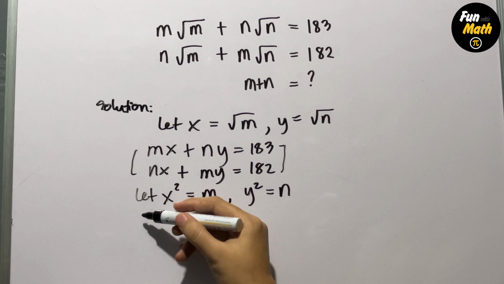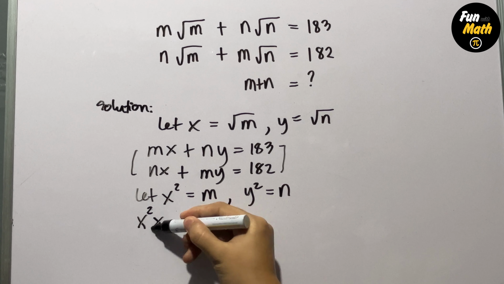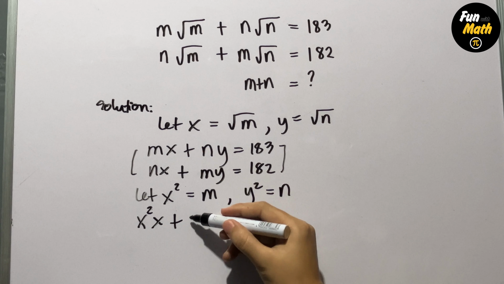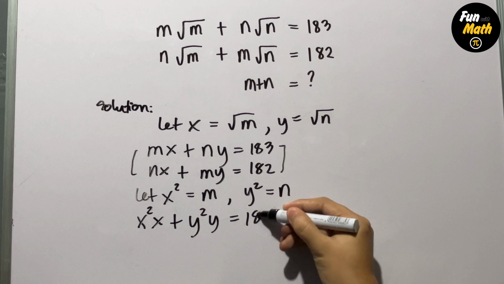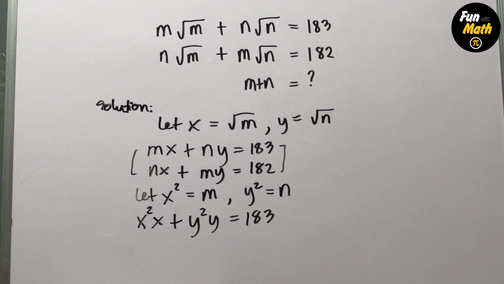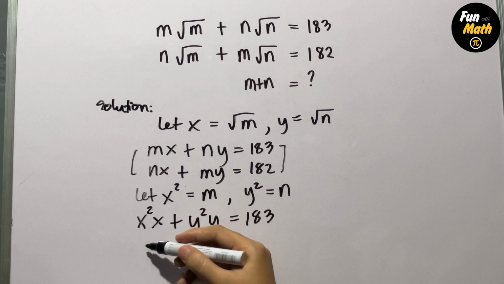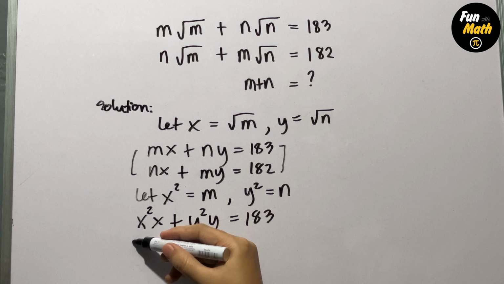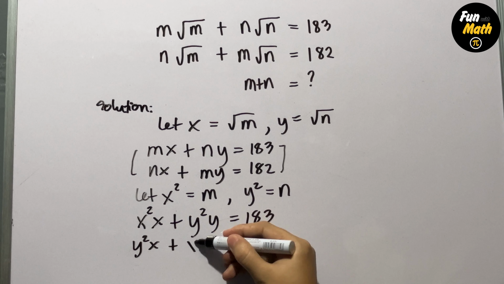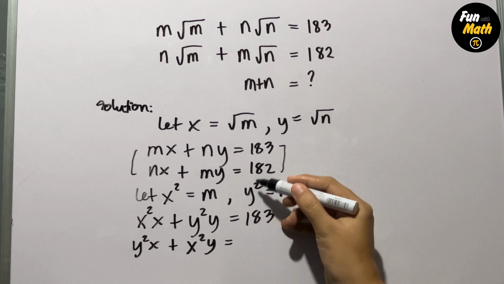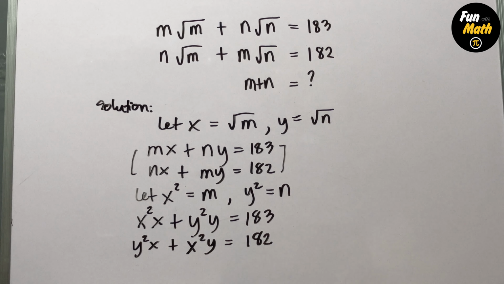So to write, we're following this. This is now x squared x plus y squared y equals 183. Another, nx, that is y squared x, plus my, that is x squared y, equals 182.